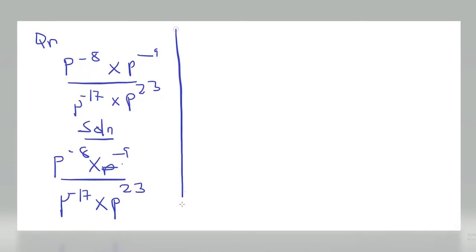Now this one can be equal to, according to the law of multiplication, negative 8 plus negative 1 plus negative 9 over p power 17. Then this one can be written as 17 plus 23, because they have the common base.